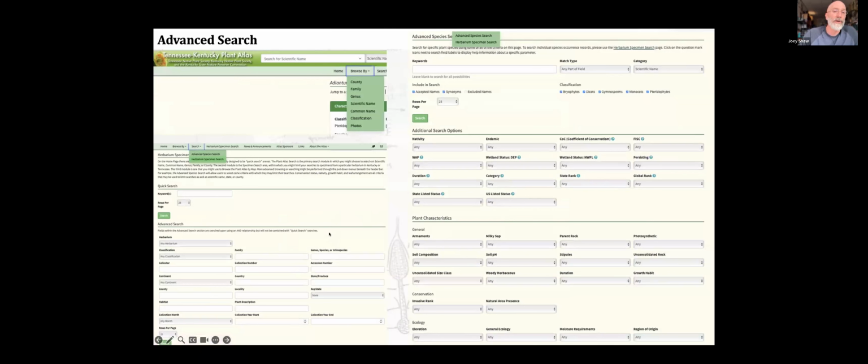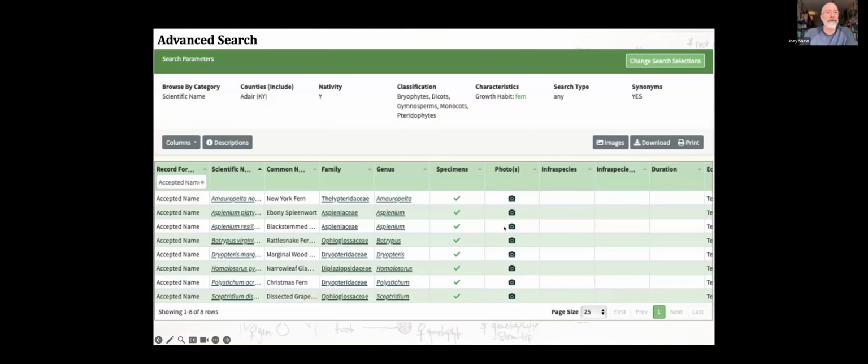You can do searches of all kinds of different things, native species, whether it's got some endemism tied to it. You can pull lists of species with certain C values. You could generate a query for what are the species from Adair County that are woody with alternate leaves and milky sap and armored. So there's all kinds of information that you can use to pull this.